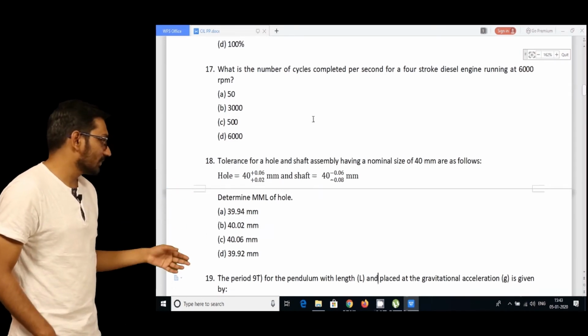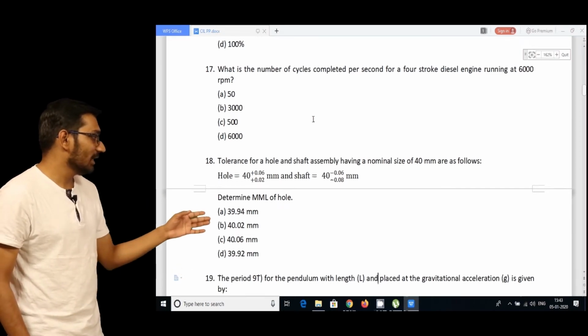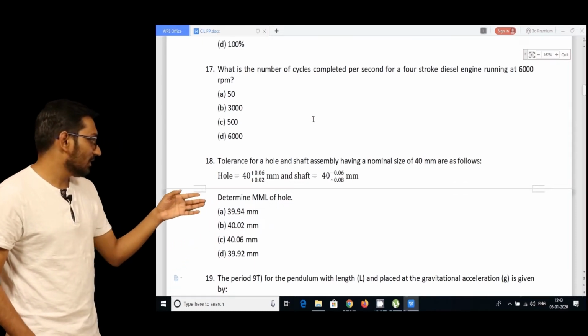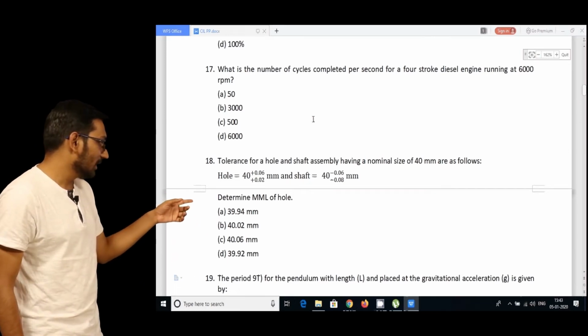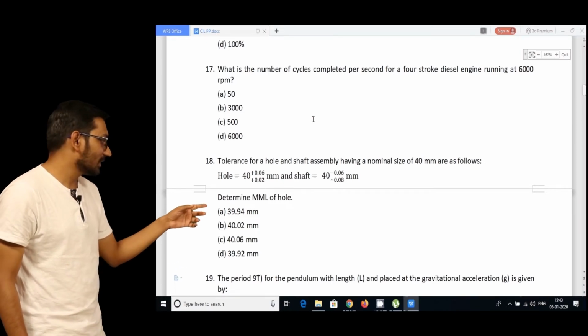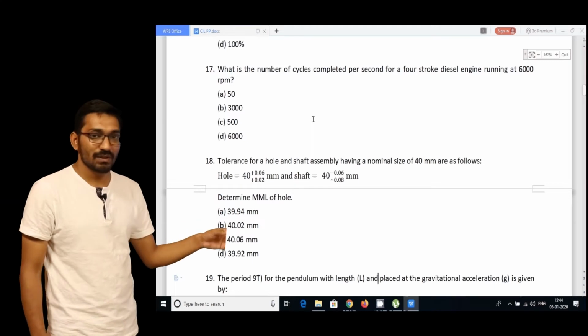The next question is, the tolerances for a hole and shaft assembly having a nominal size of 40 mm are as follows, right? You will be given the tolerance levels of the hole and the shaft. For the hole it is 40 plus 0.06 and plus 0.02, and the shaft is 40 minus 0.06 and minus 0.08 mm.